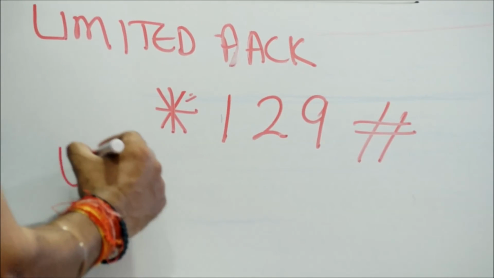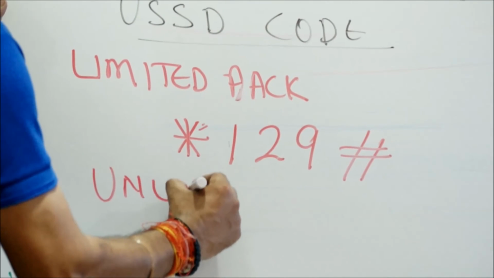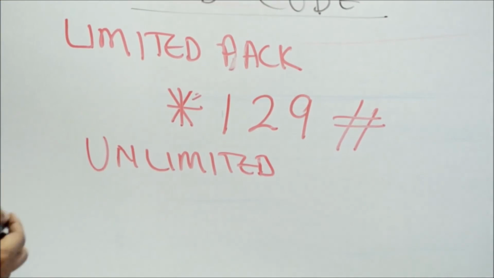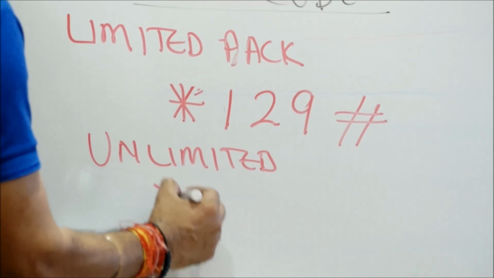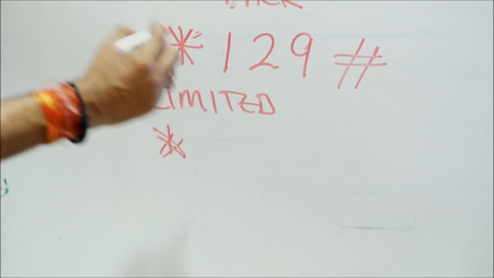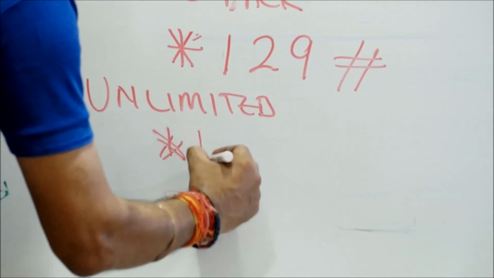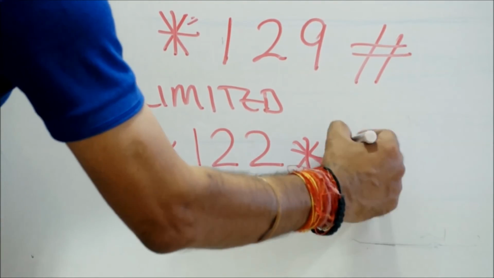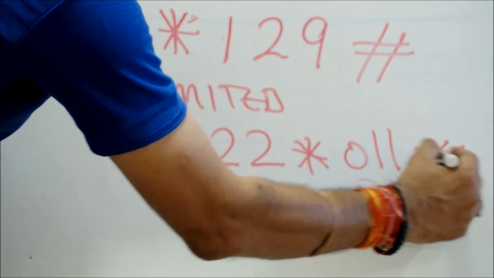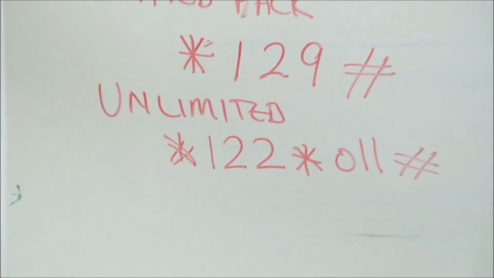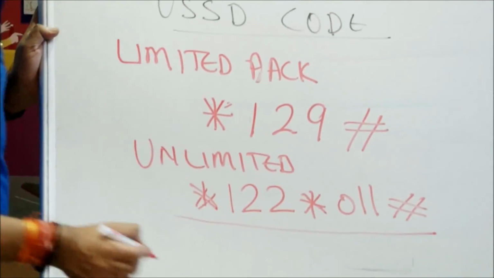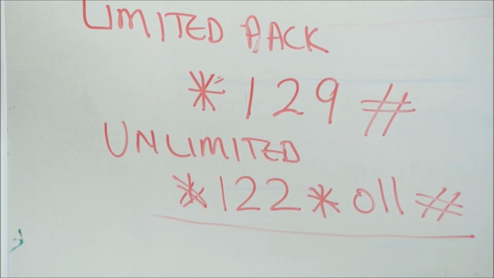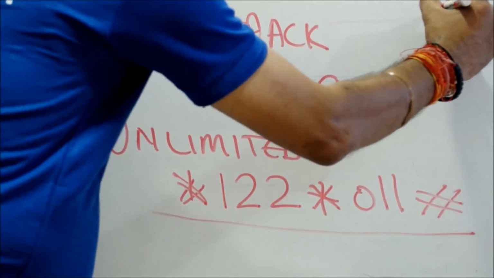For an unlimited pack, you have star 122 star 011 hash. You dial this code. In both the codes, whatever balance you have available in your handset, that will get displayed on the screen.